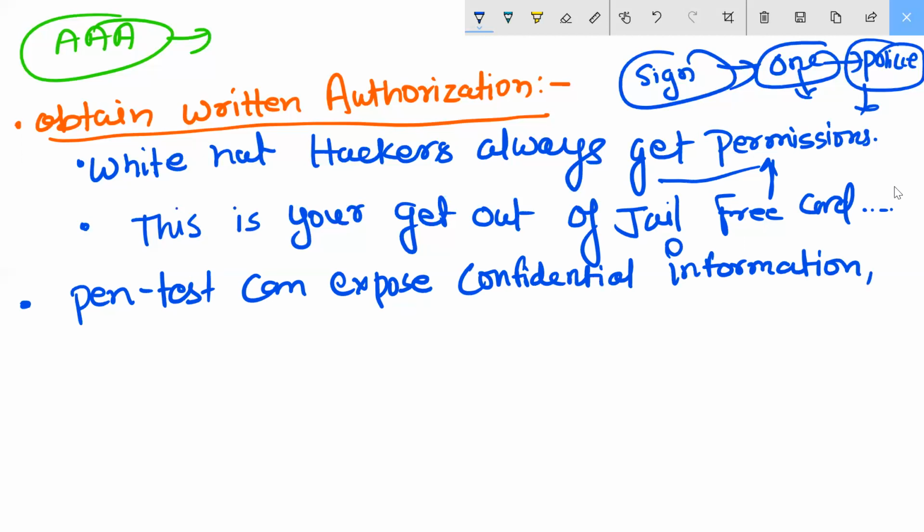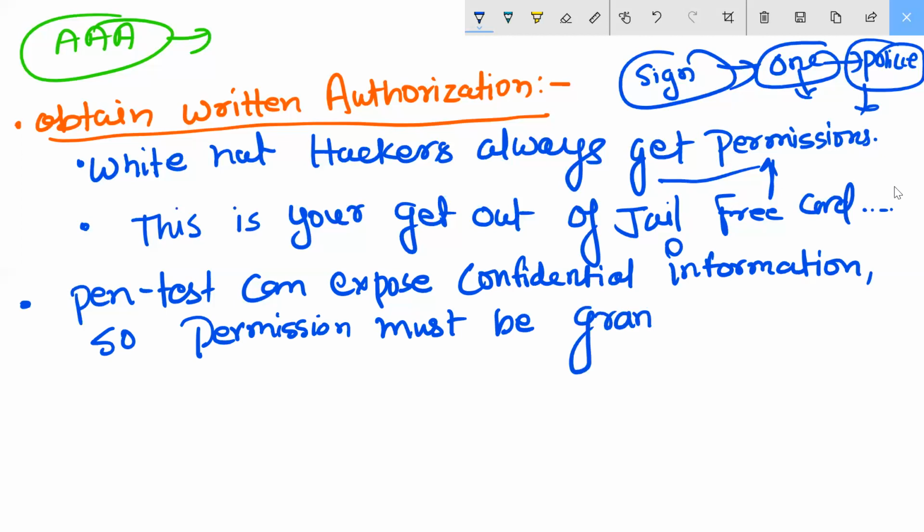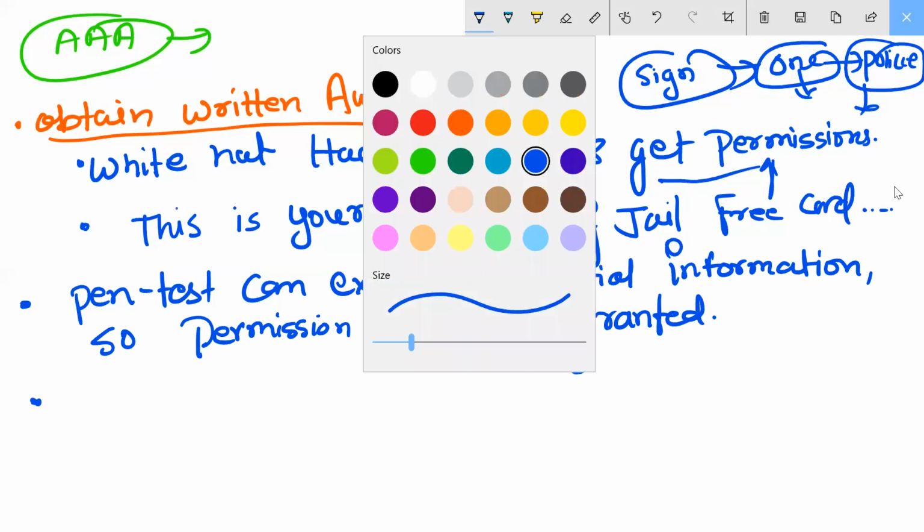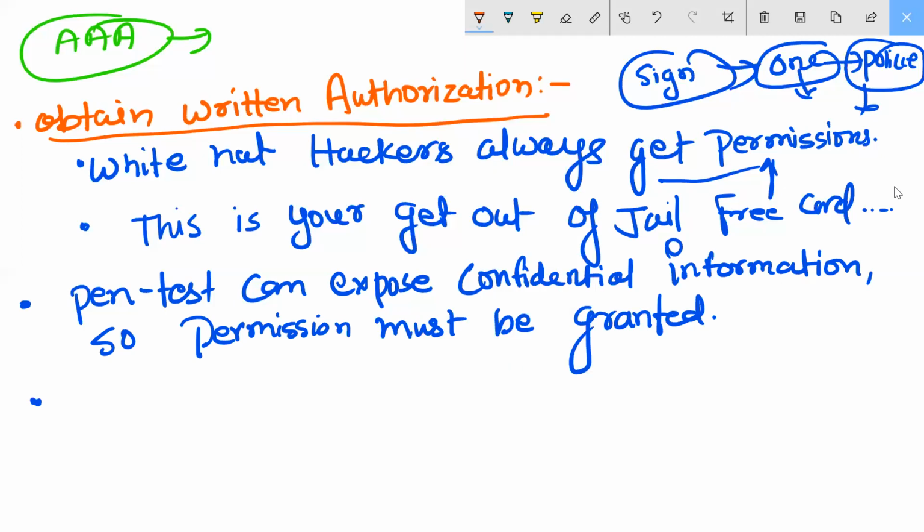Show permission must be granted. Next point is telling you third party authorization. This is coming in the authorization part.